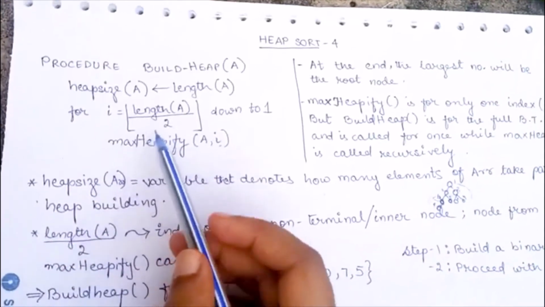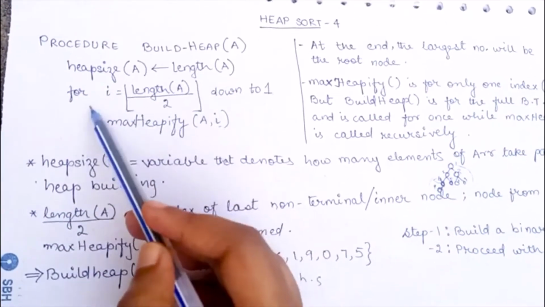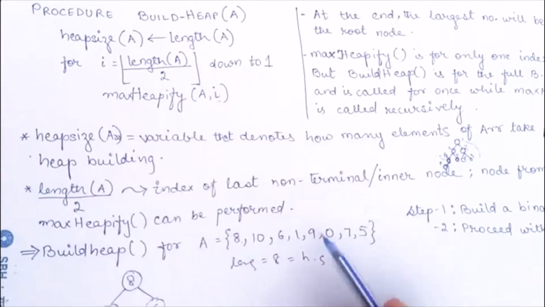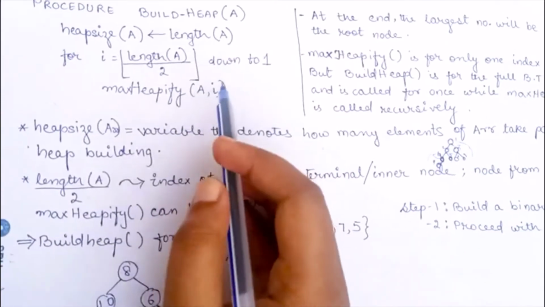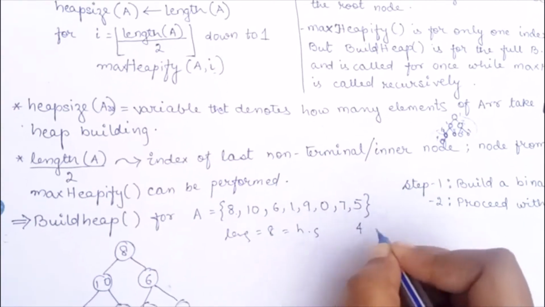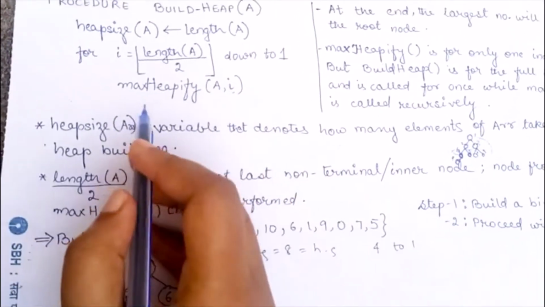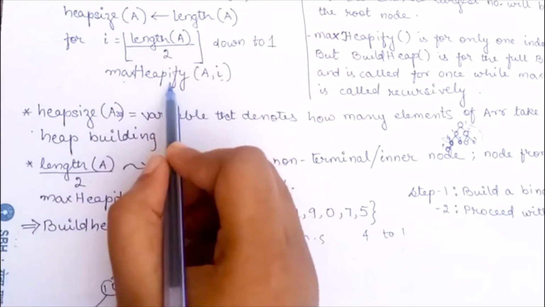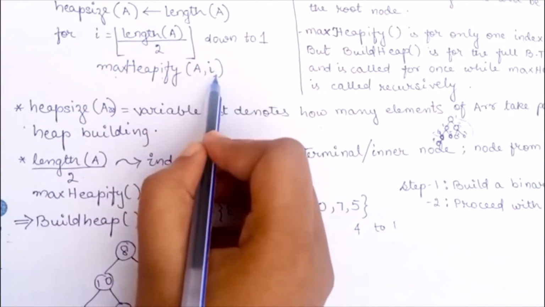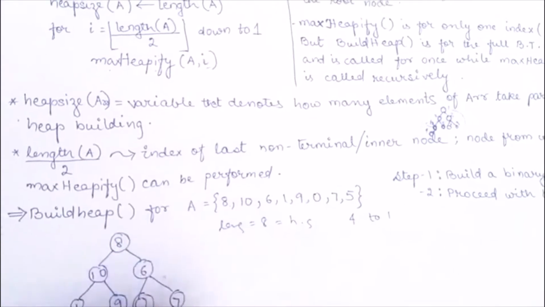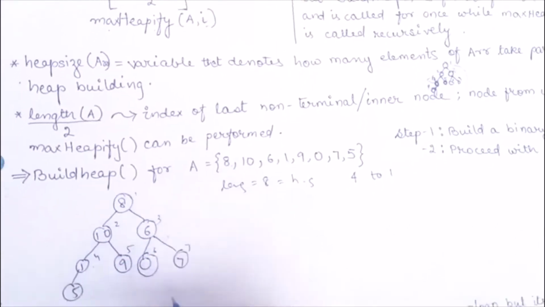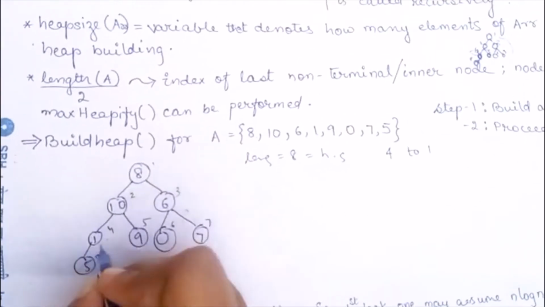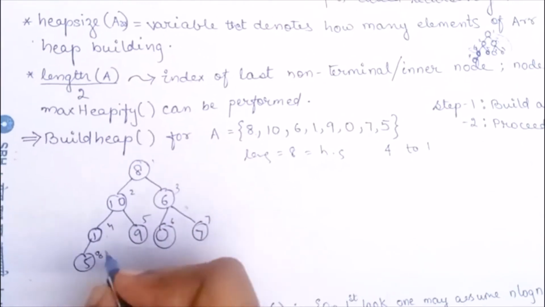And then for i equal to length by 2, 8 by 2 is 4, floor of 4 is 4, down to 1. We have to perform from 4 to 1 in decreasing manner, and max heapify the ith index. Here my i is 4, 1 2 3 4 5 6 7 8. So I have to perform max heapify here.